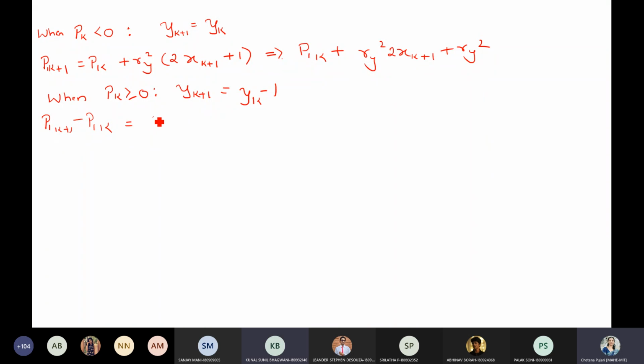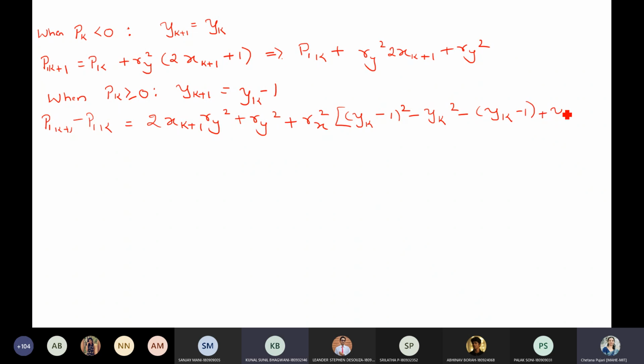So when you do that, you have 2 into xk plus 1 ry square plus ry square plus rx square, yk minus 1 whole square, minus yk square, minus yk minus 1 plus yk.